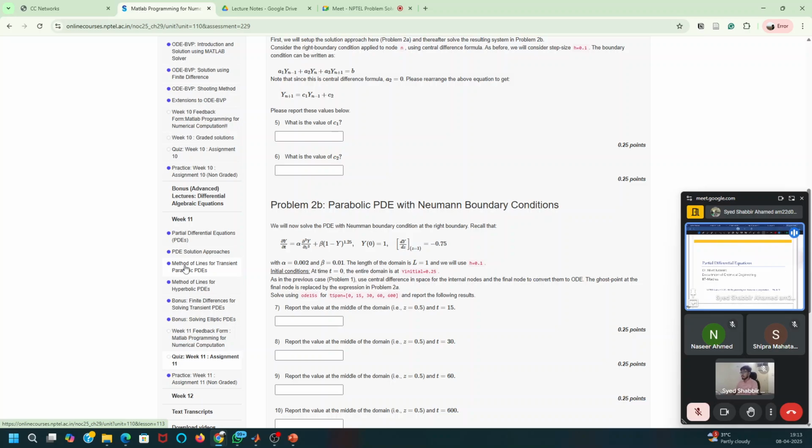So till now we haven't seen partial differential equations and their solutions. We were dealing with ordinary differential equations.